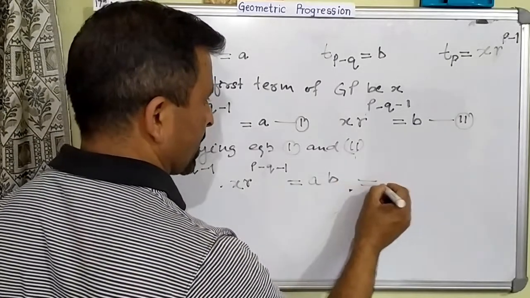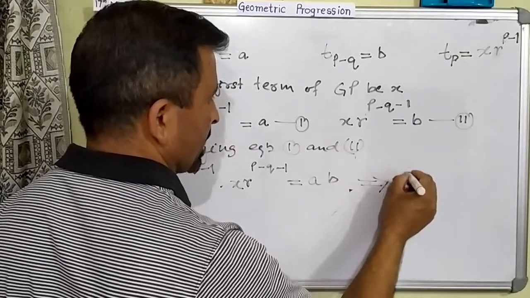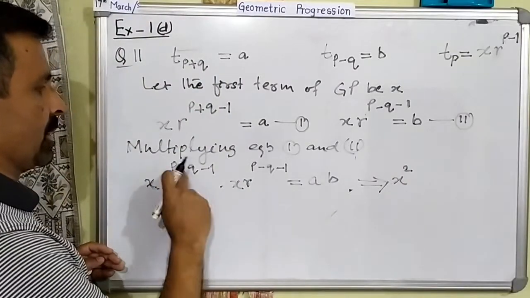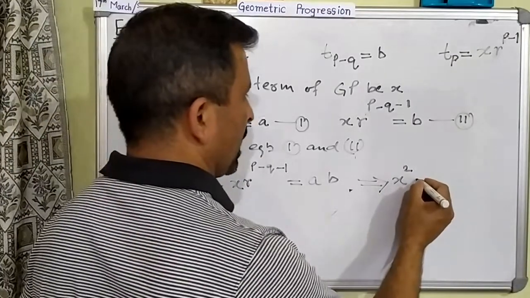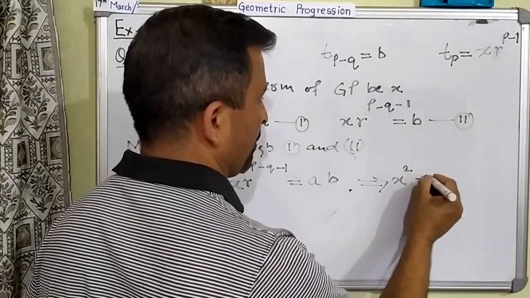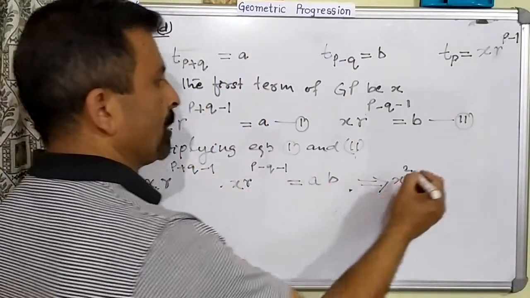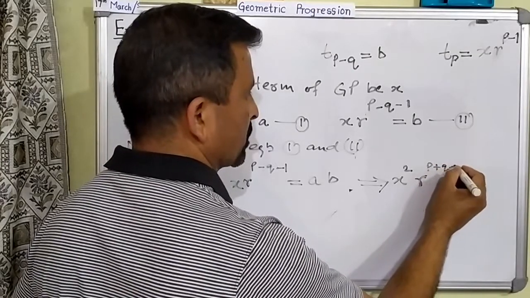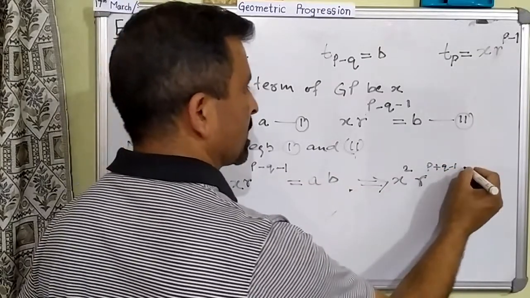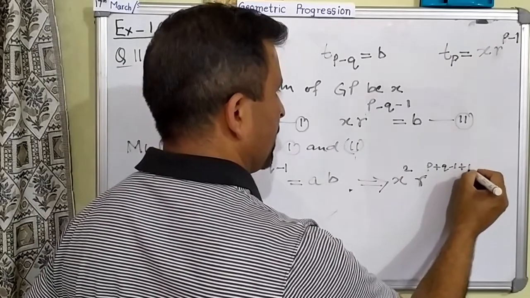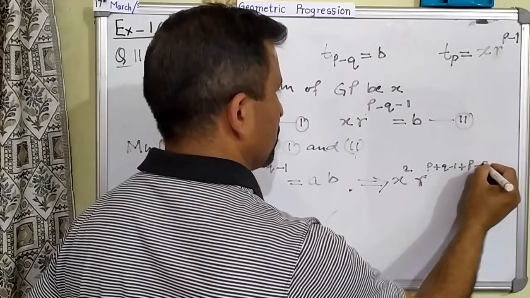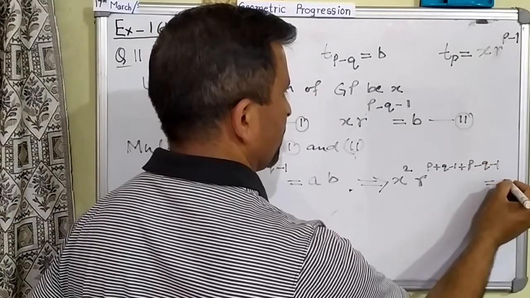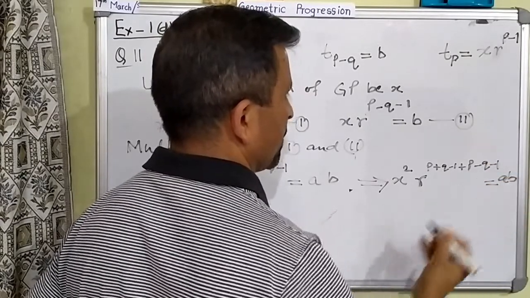We can write the next step here itself. This will become x square. Now r and r, their base is also the same, so their powers also can be added. So r, and the powers of r are p plus q minus 1 plus p minus q minus 1, equal to a into b.